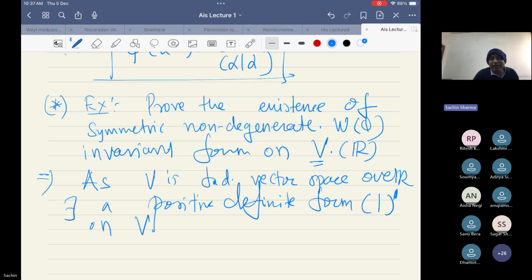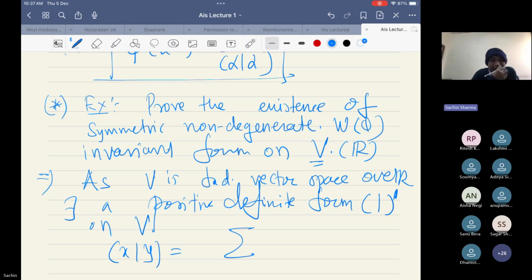That is just a positive definite form, and you define a new form. What will you define? Complete it. Tell me the definition so that it is invariant.